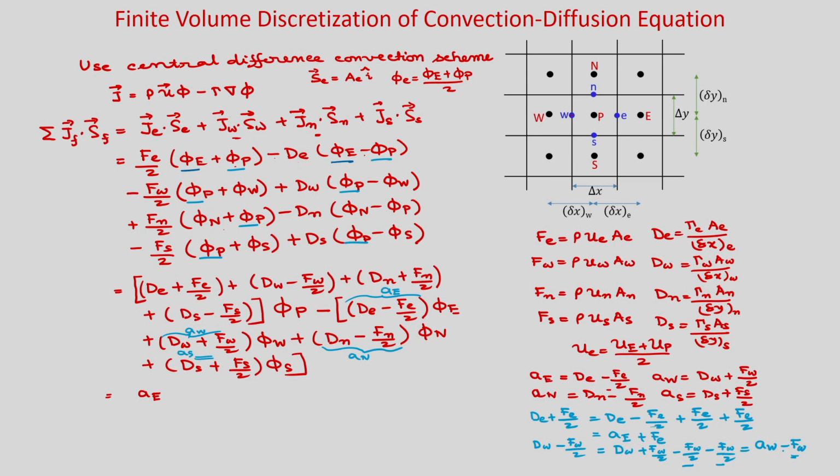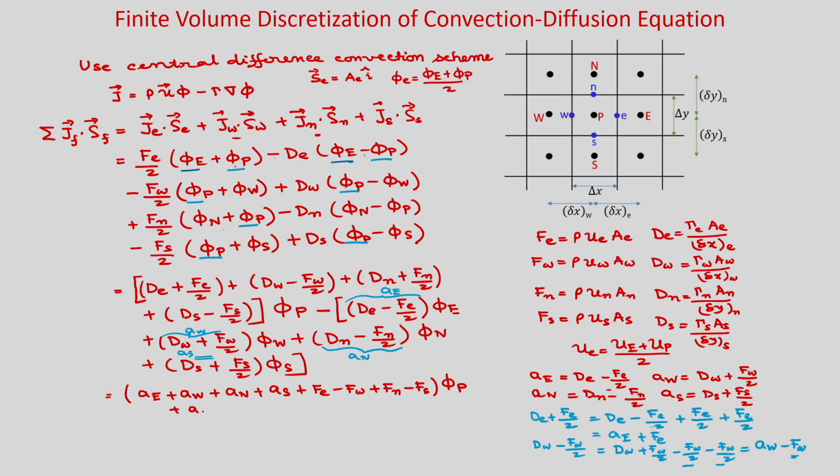Similarly, for other coefficients you can show, and finally, we can write the first term as A e plus A w plus A n plus A s plus f e minus f w plus f n minus f s. So, this is the coefficient of phi p, okay.